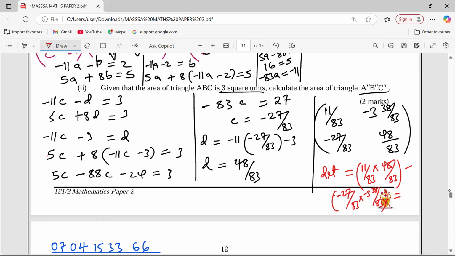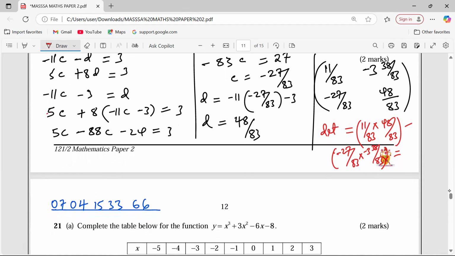So let me open my brackets here. And this is going to give me a weird value here, which is negative 0.75.